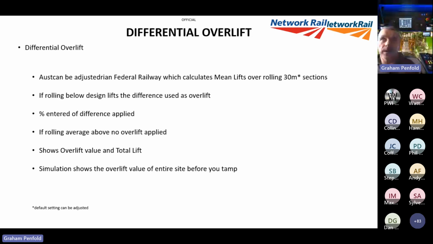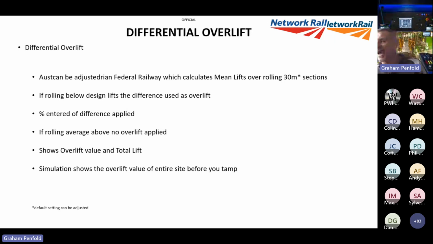Now, if the rolling average is above the design lift, then it doesn't apply overlift, which to me is a really good feature. I've got a graph which makes it a lot easier to understand. What it's saying is, if the rolling average is above your lift, it won't apply overlift. So it's not going to apply overlift to high spots, which to me is the disadvantage of percentage.